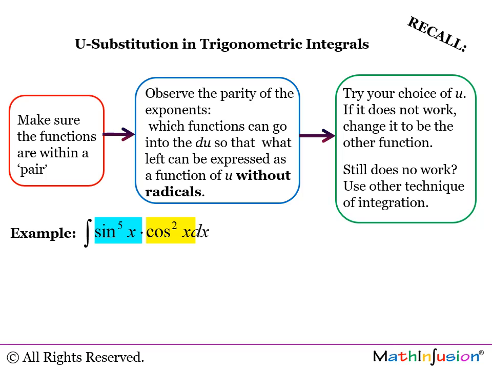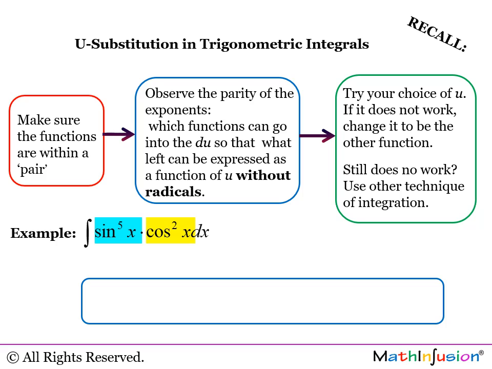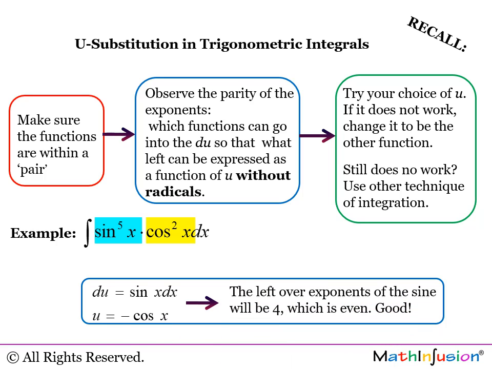When I have even exponents, I can use the Pythagorean identity to write the sine as cosine or the cosine as the sine without using any radicals. So in this case, I would definitely like to take the du to be sine x dx.